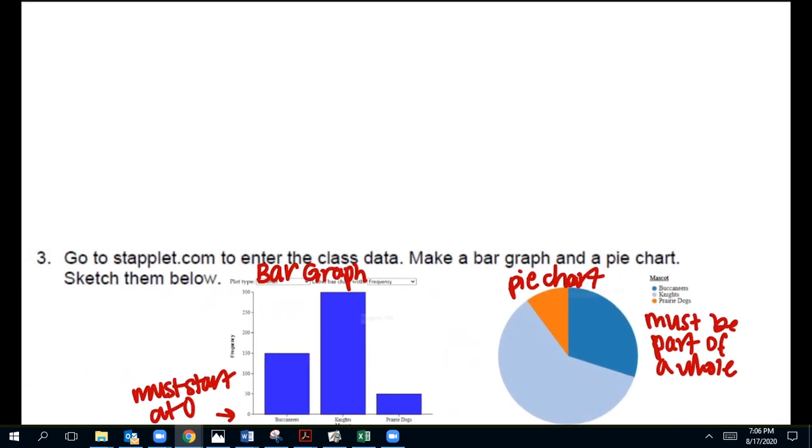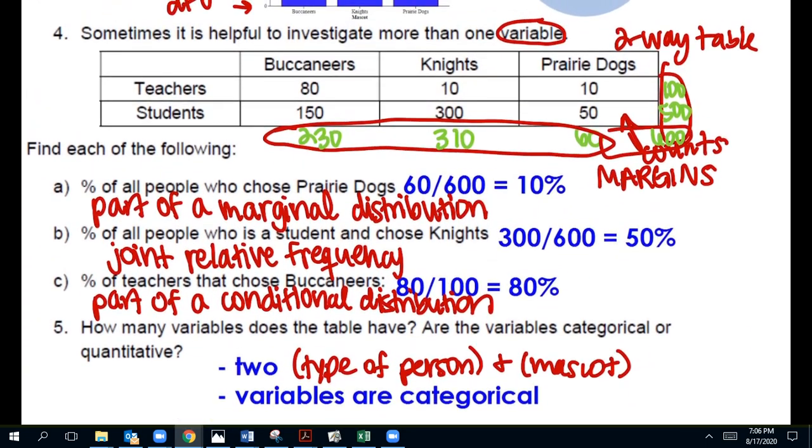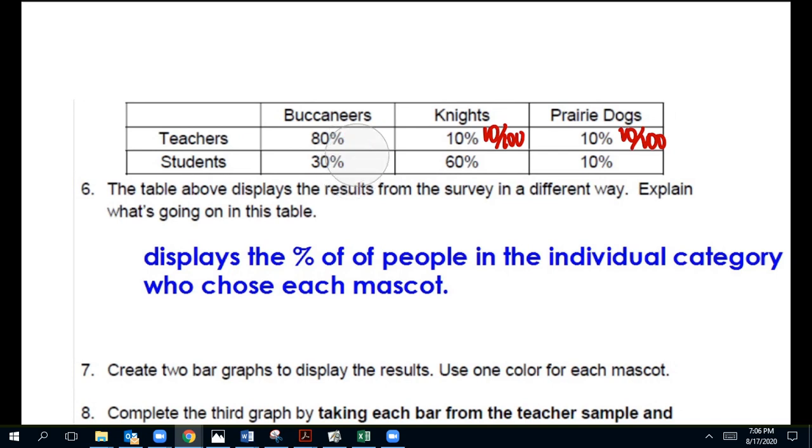I'll go back to this picture again. 150 over 500. These were the students. And then the 60% would have been the 300 over 500. And that 10% would have been the last group, which would be 50 over 500.